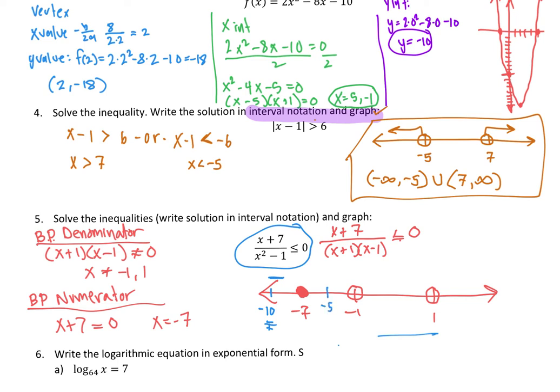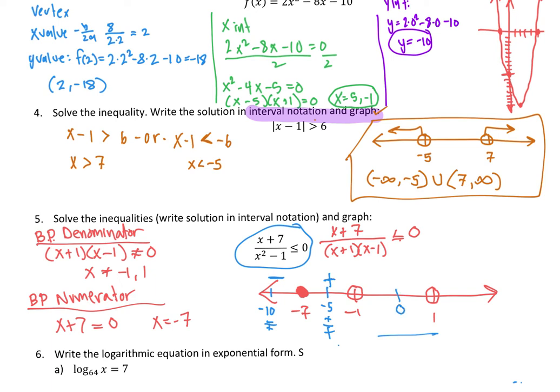Okay, in between -7 and -1, I'm going to pick -5. -5 plus 7 is positive 2. -5 squared is 25, minus 1 is 24, so that's a positive as well. A positive over a positive is a positive. Then I'm going to pick something between -1 and 1.